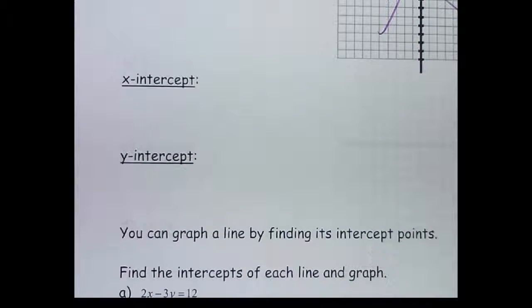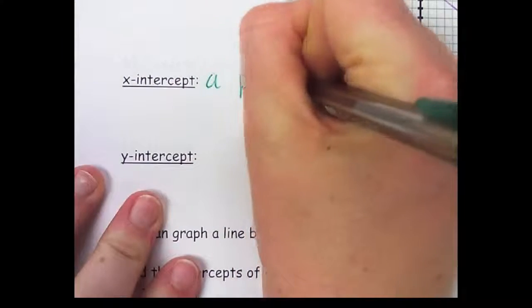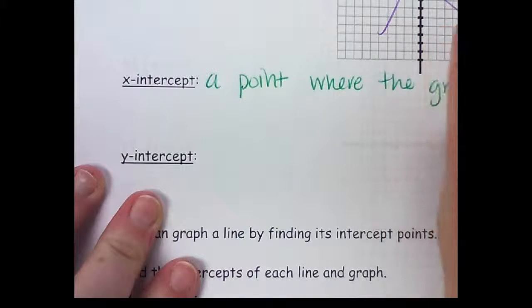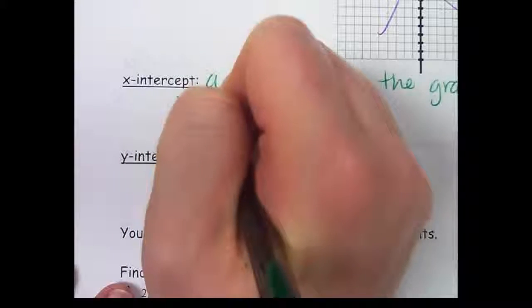Okay, so let's talk about intercepts. Does anyone know what x-intercept is? Perfect. Where it crosses the x-axis. So I'm going to say a point where the graph touches the x-axis.